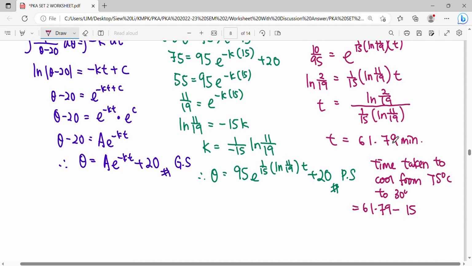Of course, the decimal here is a bit different from the answer because when I use k, I use the whole function. I didn't do any rounding, so I won't have any rounding error at the end.